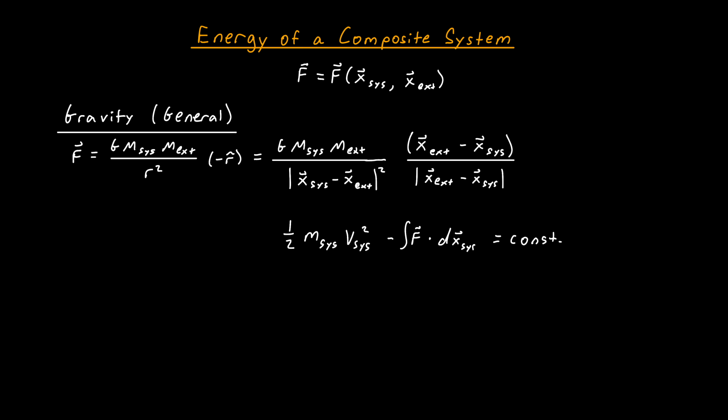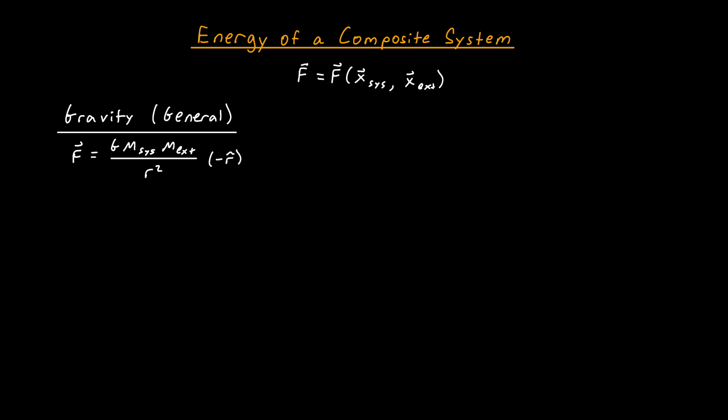So even though the conservation of energy applies to your system in particular, it's not straightforward to calculate as a function of your system's position what its potential energy will be. So in this case, energy conservation for your system itself is not going to be a very useful physical law. But we shouldn't give up, right? We know that the force is a very simple function of r, and so we can think about what happens if we try to do something analogous to the law of conservation of energy for just your system.